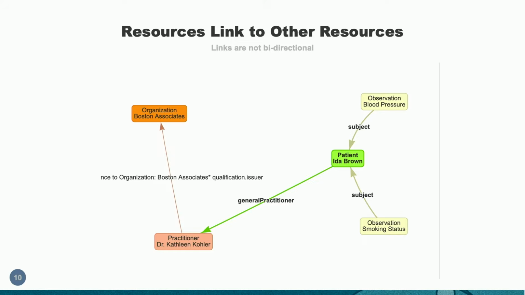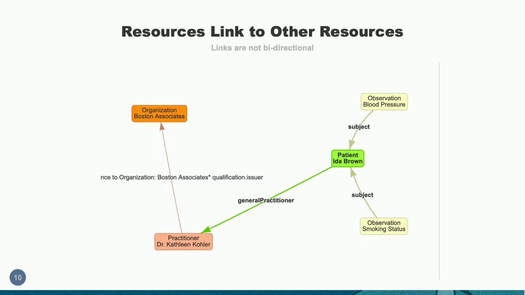So when we look at it at a very simplified level, we see resources linked to other resources. So here's a very simplified graph showing a FHIR patient resource, Ida Brown. And she is the subject of two observations, one on blood pressure and another on smoking status.